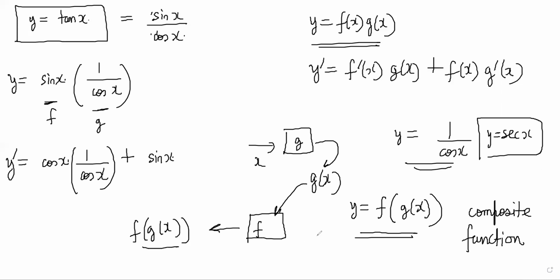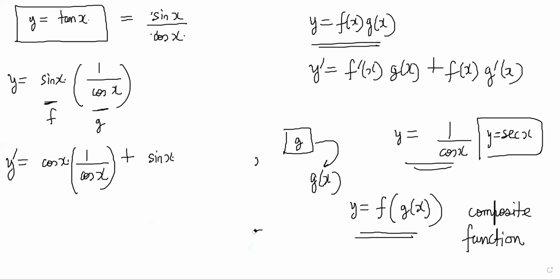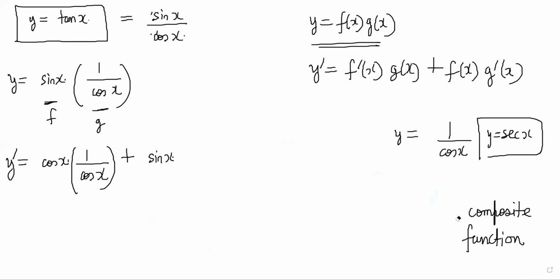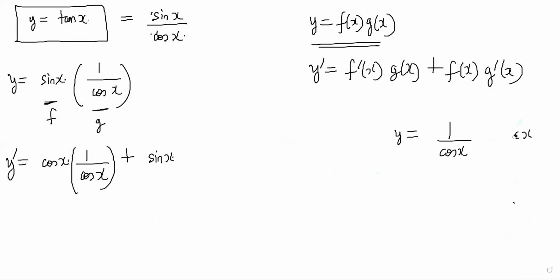Notice that if you are doing 1 by cos x, technically you are doing two things actually. You are doing cos x and you are also taking the reciprocal, no? First it is doing cos x, then it is taking the reciprocal, right?